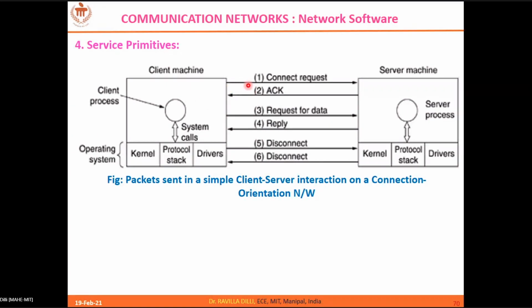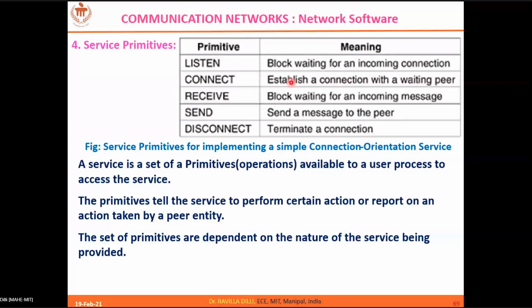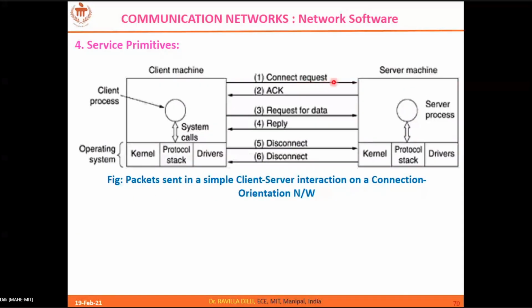Here you can see step 1, the connection request. The connection request is the connect primitive. This connect primitive is executed at the client end. The server will receive that and give a reply, right? This is the ACK, the acknowledgement.